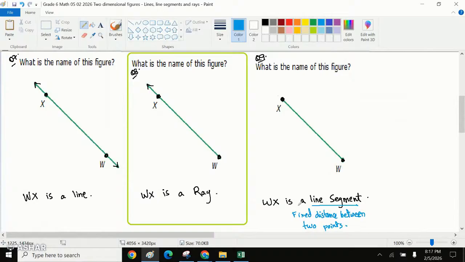If I would change the question, if we have question number 7, question number 8, and question number 9, in which question can you find the distance? Fixed, like if I would say W and X were the 2 points, right? So in which question can you find the distance, and which question you cannot find the distance?